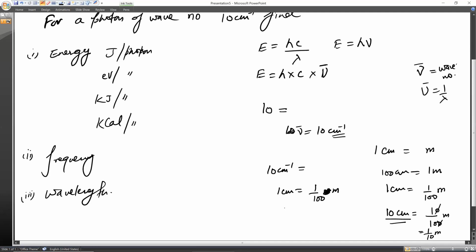Like 1 centimeter is equal to 1 by 100 meter, so 1 centimeter inverse is equal to 100 meter inverse. If it is inverse, this will become reciprocal. So 10 centimeter inverse is equal to 1000 meter inverse. If I multiply by 10, you have to multiply this also by 10. Got it?